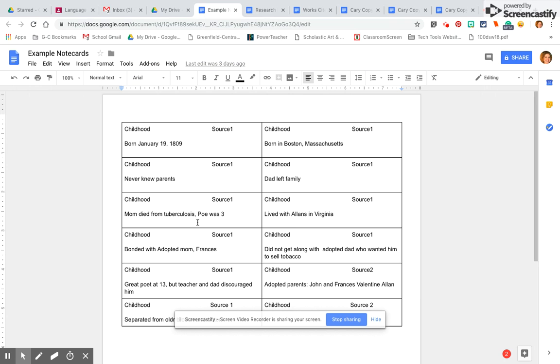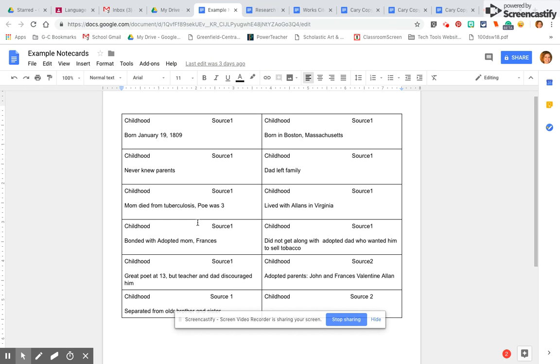Here's an example of my note cards for Edgar Allan Poe, and I just did mine on Google Docs so I could show you guys easier. But childhood, so I have my subtopic, I have my source, and then notice my note is just one little thing. Born January 19, 1809. Does not have to be a complete sentence. It's actually better if it's not.